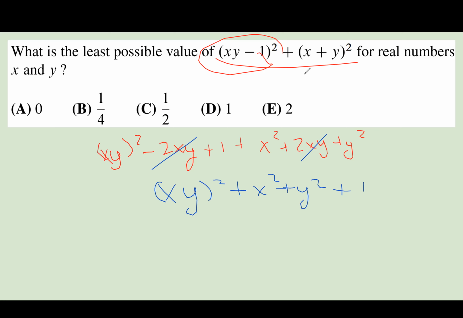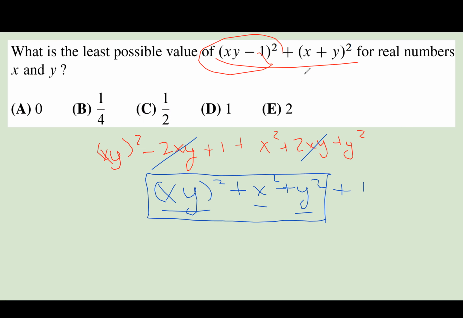Now let's just think about this for a second. We have basically this quantity plus 1. But think about it, this is a perfect square, this is a square, this is a square. For squaring real numbers, the lowest value you can possibly get is 0. You can't get negative because you're not dealing with imaginary numbers.